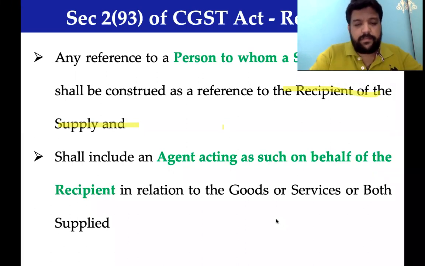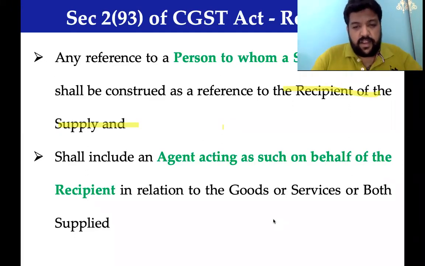R Limited. R Limited has supplied goods to, it's not R Limited, sorry, small correction. S Limited has supplied goods to R Limited, and R Limited has paid the consideration for the same.